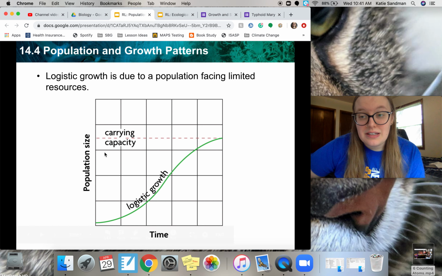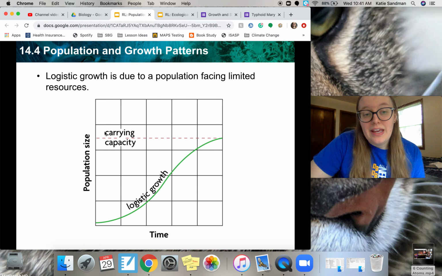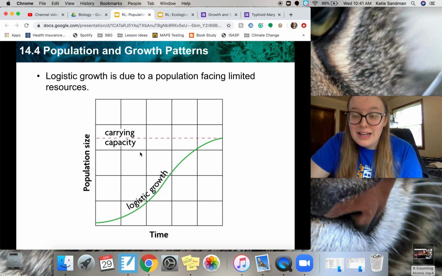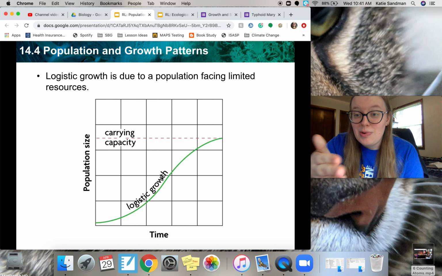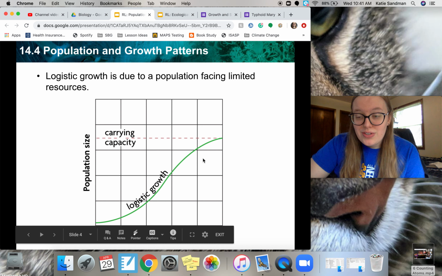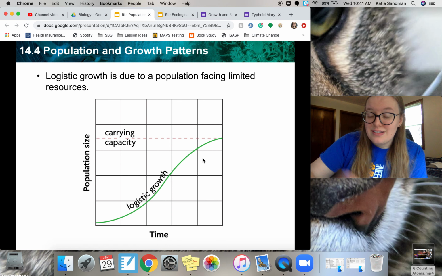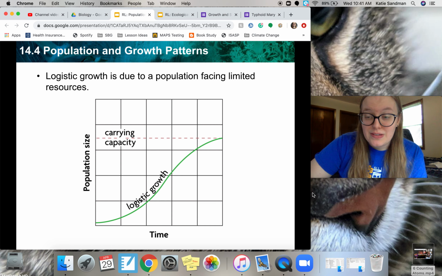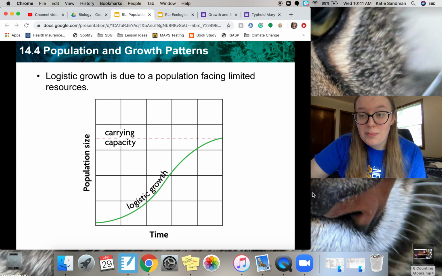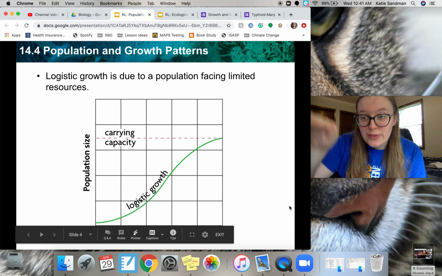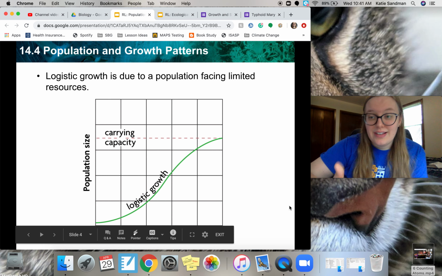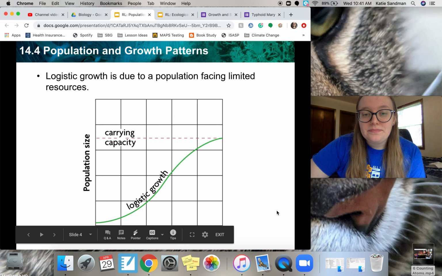Carrying capacity is when an ecosystem is starting to reach the maximum number of organisms that it can hold. The growth starts to pan out, because if it goes above that, those organisms aren't going to be able to survive because they're reaching the limit of the resources. So it starts to flatten out, kind of like flattening the curve.